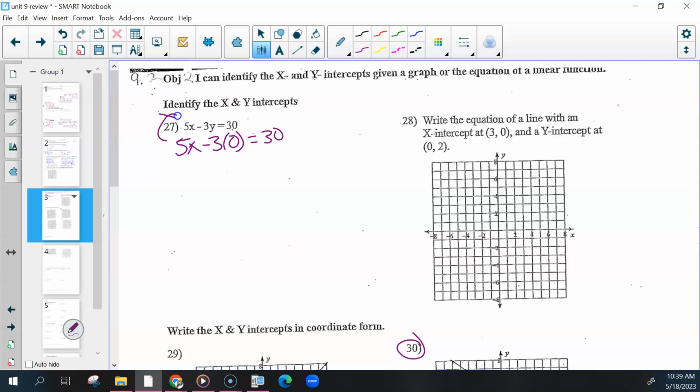This middle term would become 0, so I don't have to bring it down. I can skip to the next step. And then solve for x by dividing everything by 5. So that would be my x-intercept, where 6 is x and 0 is what I put in for y, so that's my y value.